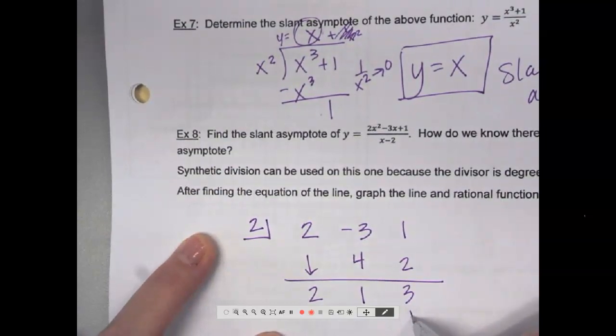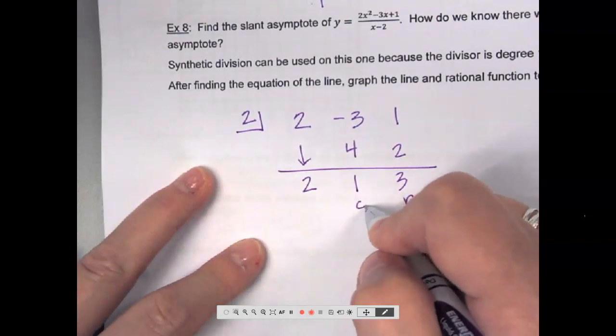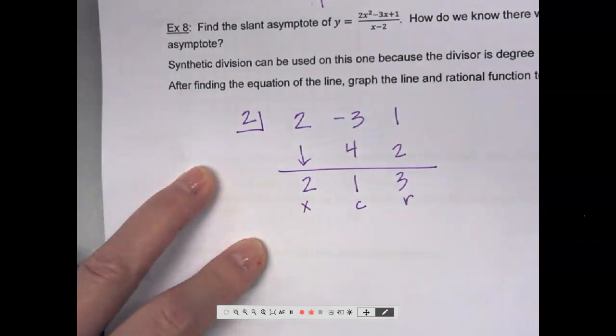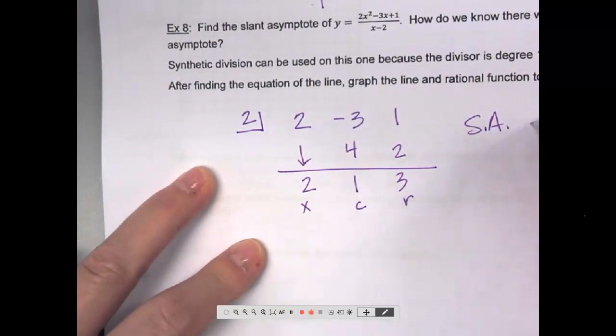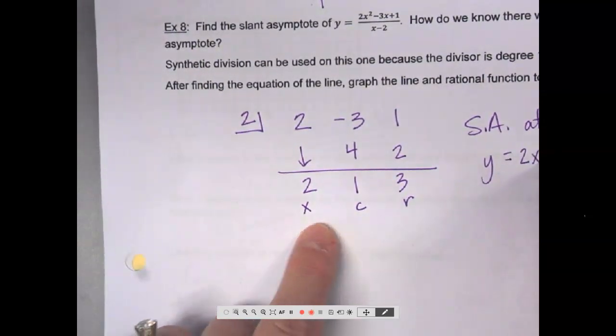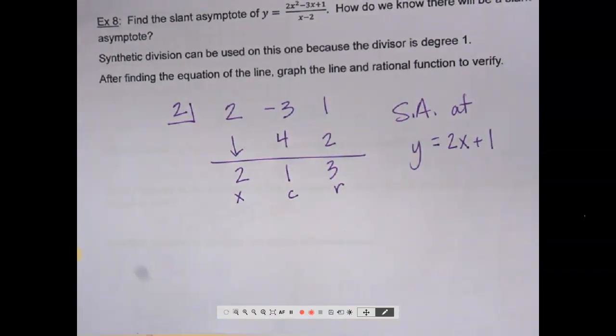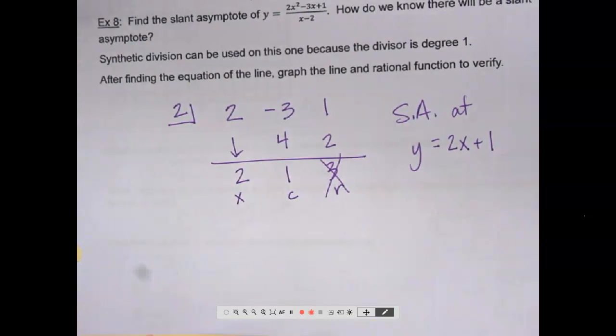Okay, and remember, this was my remainder that I will ignore for this purpose. This is my constant and my x coefficient. So, my slant asymptote is y equals 2x plus 1. Ignore the remainder on these, not on your regular division problems, but for these we ignore the remainder.